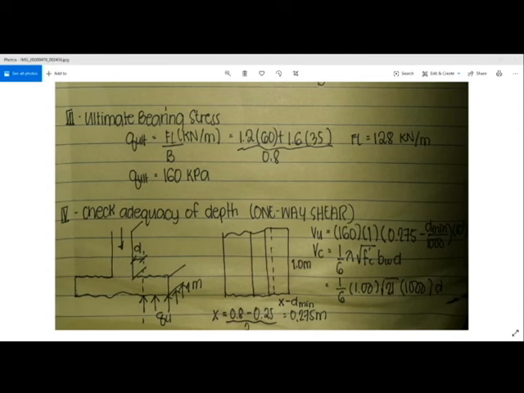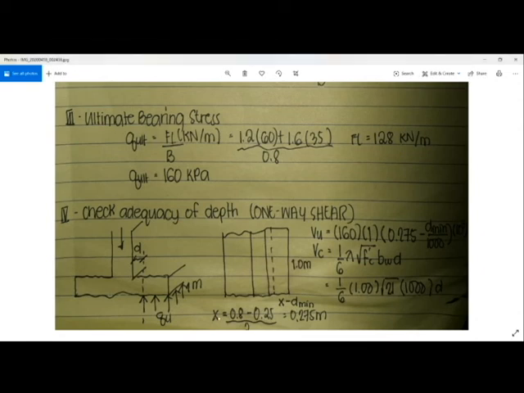So VU now is equal to 160 multiplied by 1 meter multiplied by 0.275 minus D minimum over 1,000. This is in kilopascal also. VC is equal to 1/6 multiplied by lambda square root of f prime c b_w d.